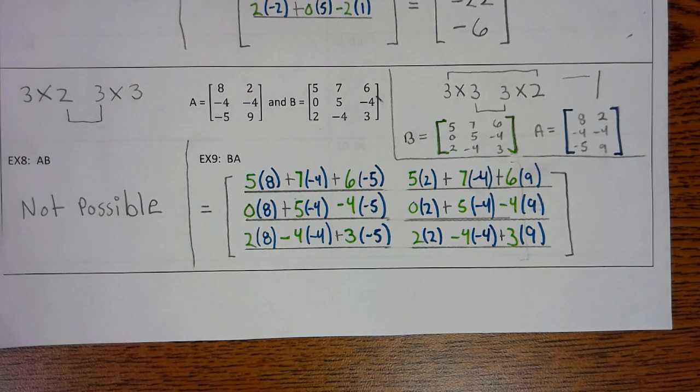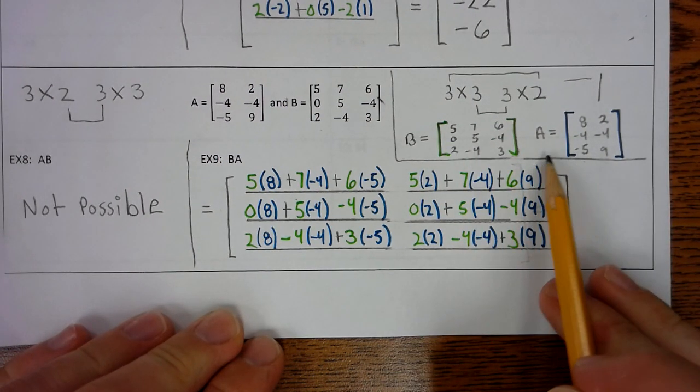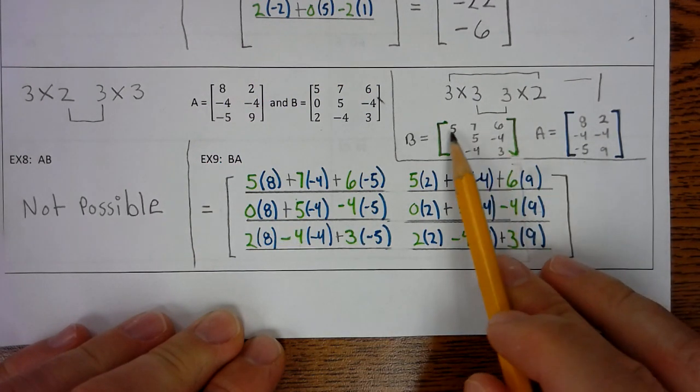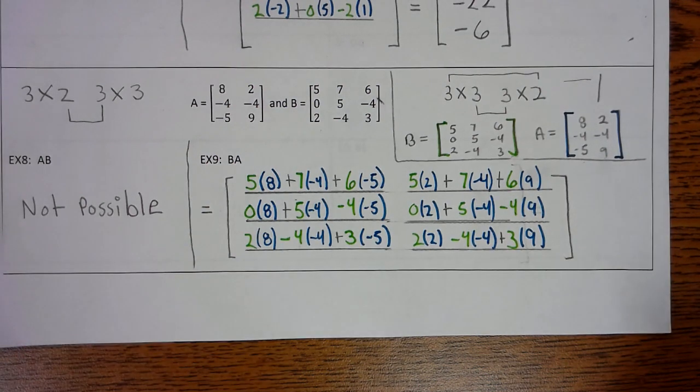The reason it looks like this is because you're multiplying this row by that column, this row by that column, this row by that column, and then this row by that column, this row by that column, this row by that column. All right?